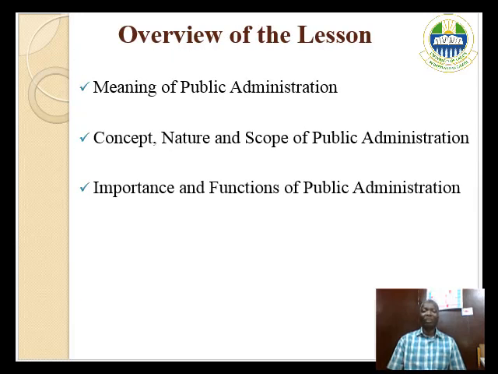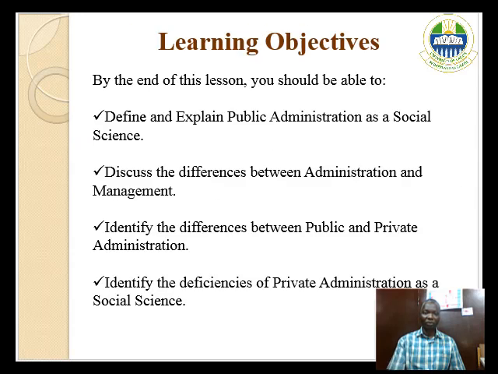Then let's look at the overview of the lesson: meanings of public administration, concept, nature and scope of administration, and importance and functions of public administration. Then we look at the learning objectives. By the end of this lesson, you should be able to define and explain what public administration is all about, as a social science.